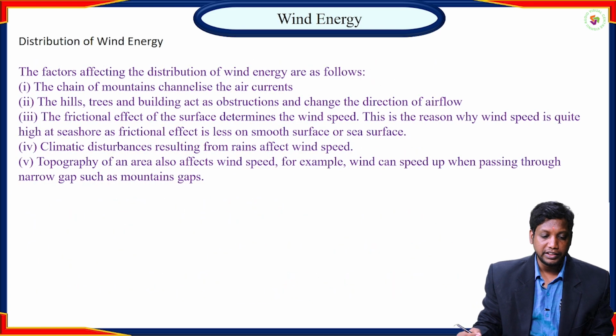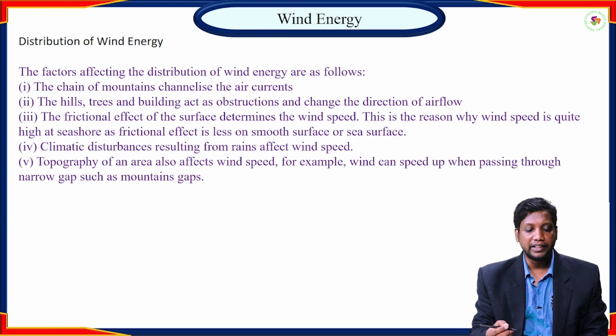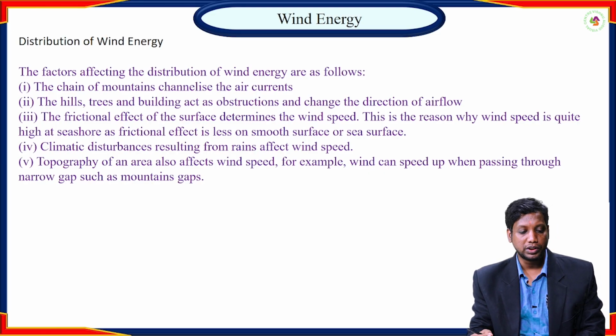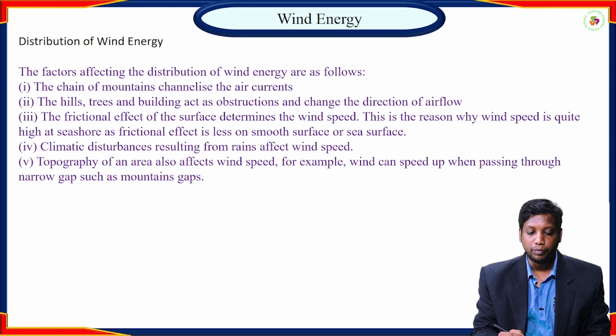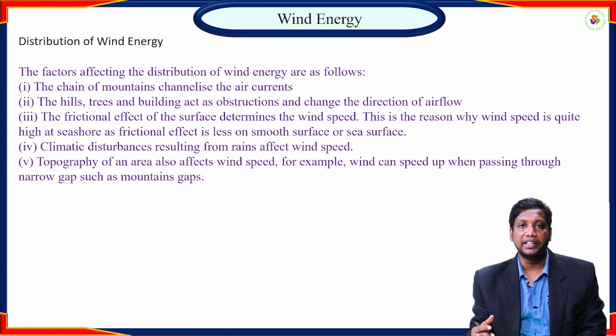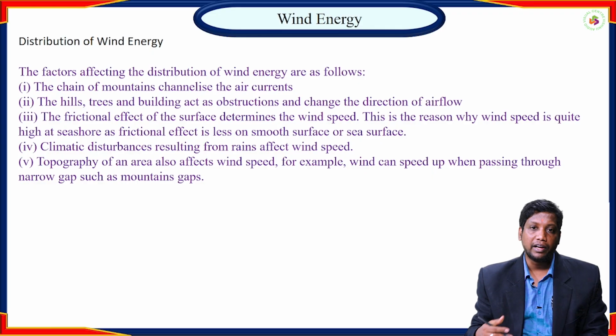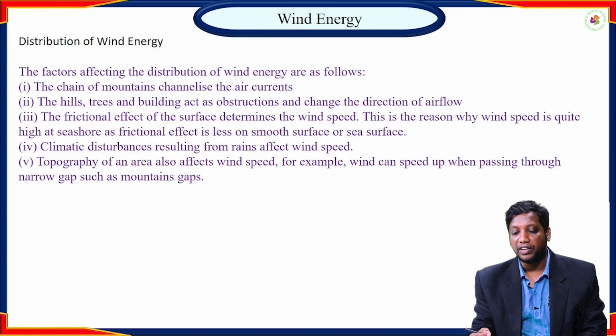And the distribution of the wind energy is generally affected by various factors. A chain of mountains channelizes the air currents, which pass through the narrow space, and that will enhance the movement of the wind. Obstructions like hills, trees and buildings will obstruct the wind velocity.